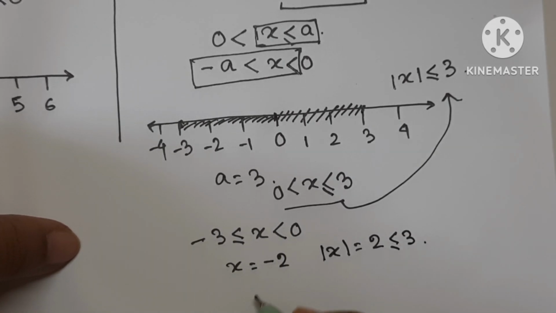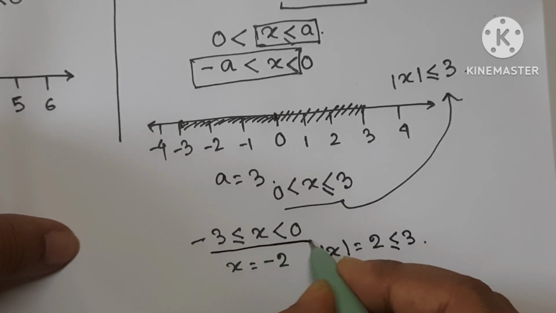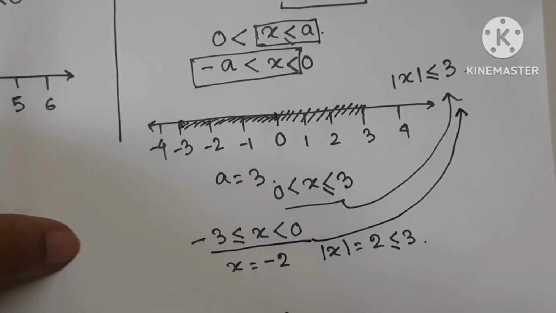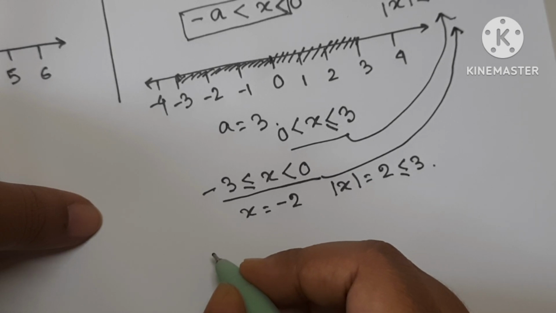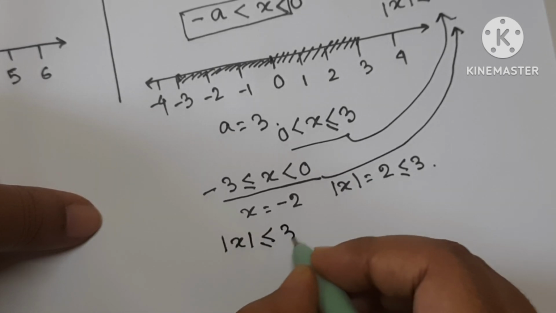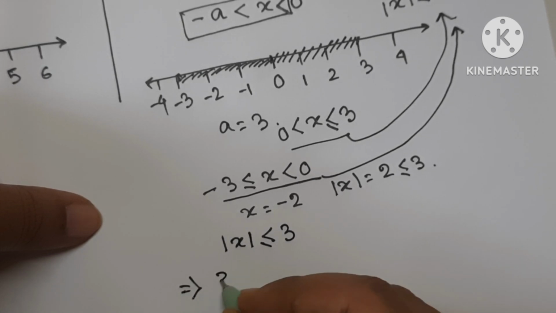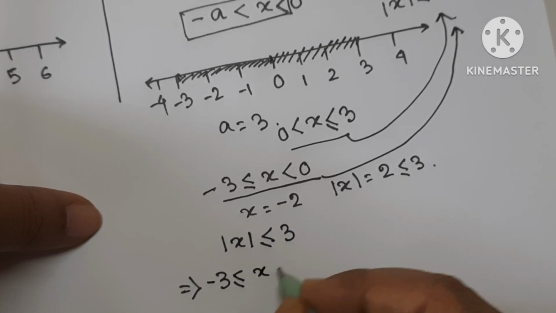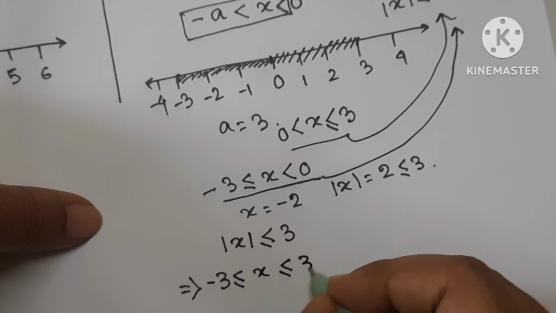So in case of this region, that also satisfies this. So you can conclude mod of x less than or equal to 3 implies -3 is less than or equal to x, less than or equal to 3.